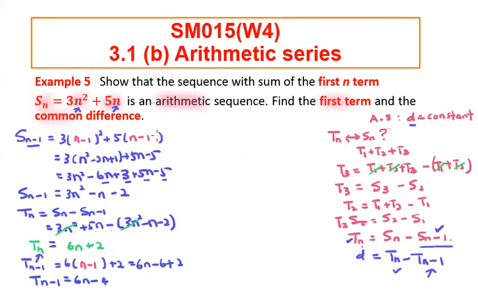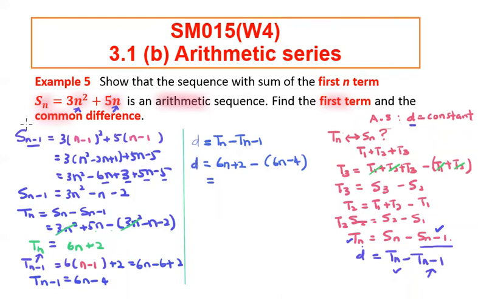Then we proceed to find the common difference. d is equal to Tn minus Tn minus 1, which is 6n plus 2 minus 6n minus 4.